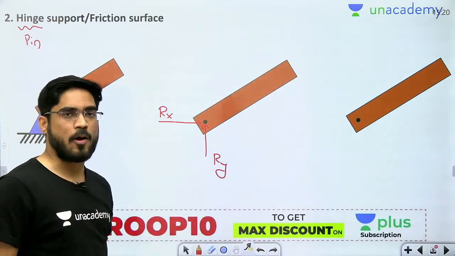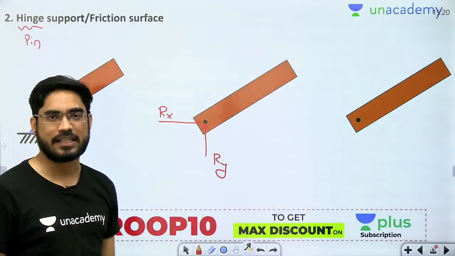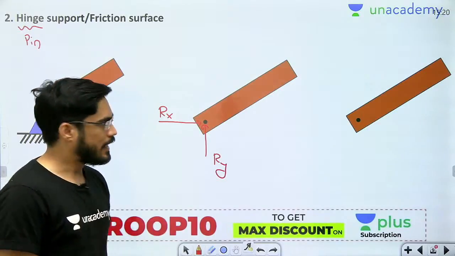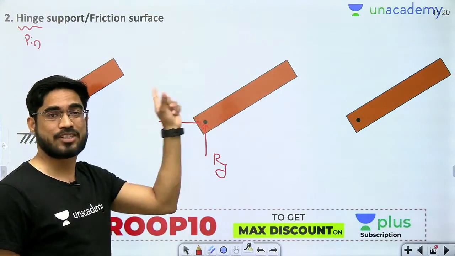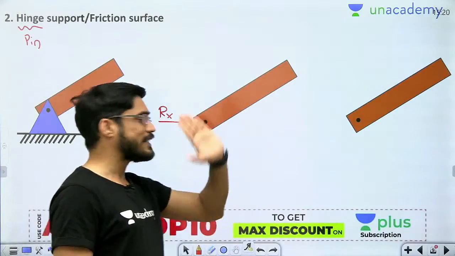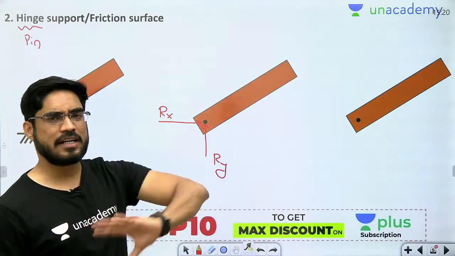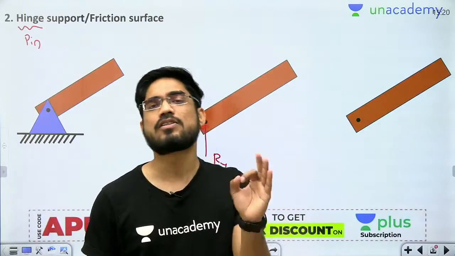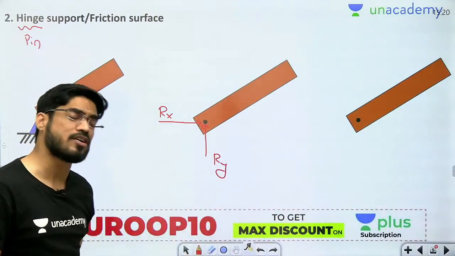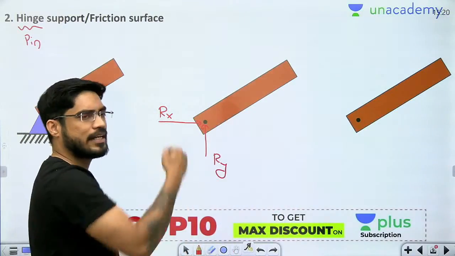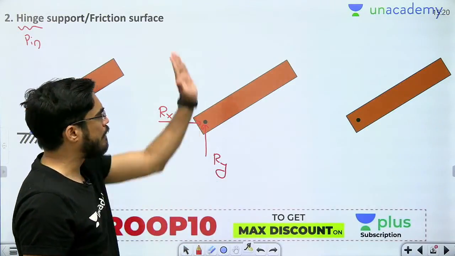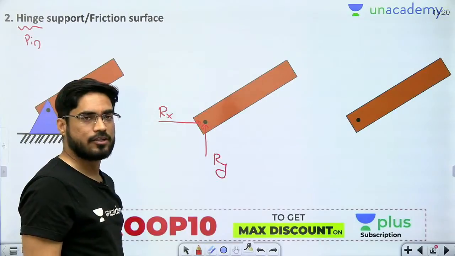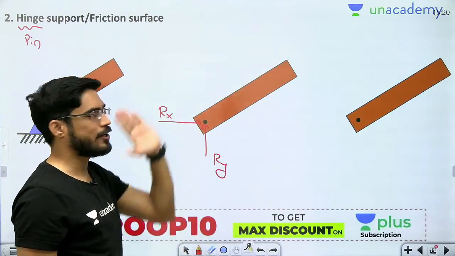If I solve the problem and I get Rx positive, my direction is correct. And if my Rx is negative, my assumption is wrong. Rx will be towards left. तो बेटा you don't need to worry too much about the direction. आपको डायरेक्शन की बहुत ज्यादा चिंता नहीं करनी है कि राइट साइड होगा कि लेफ्ट साइड होगा. कोई भी एक डायरेक्शन ले लो. Similarly, Ry can be upward, Ry can be downward. So I am right now assuming Ry to be upward.